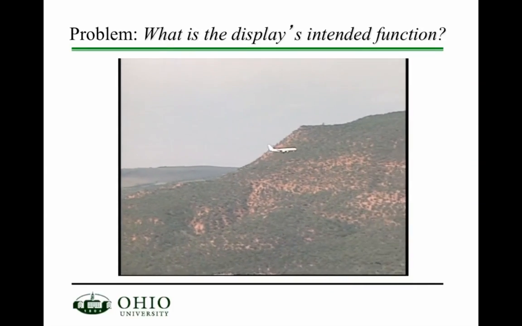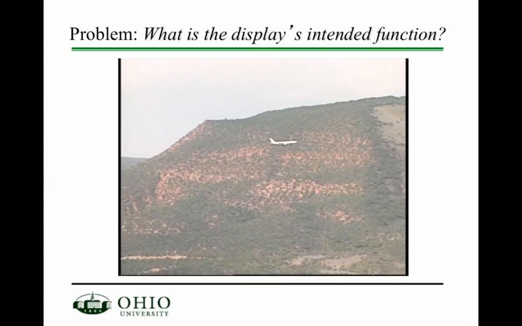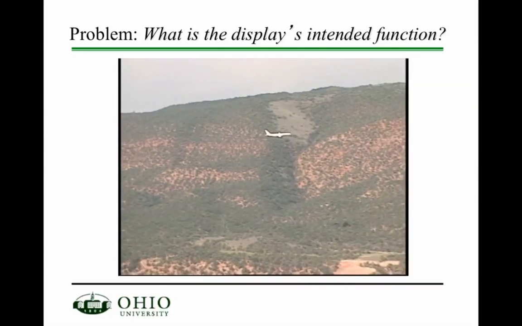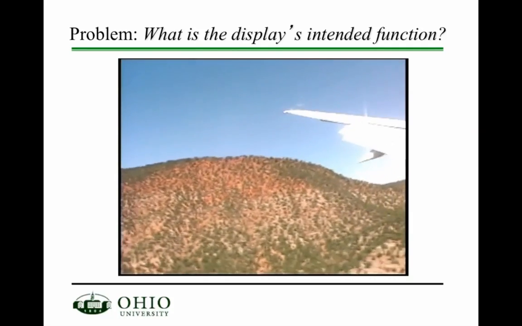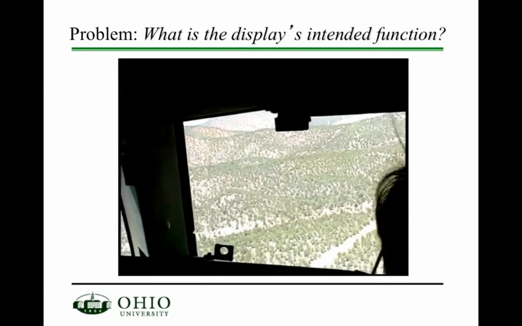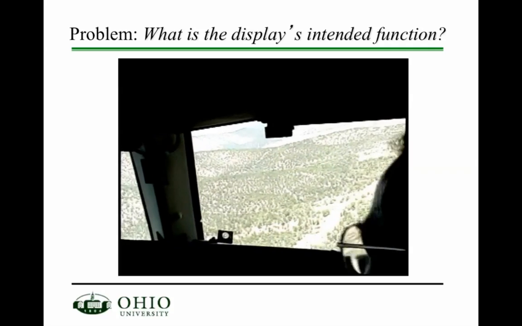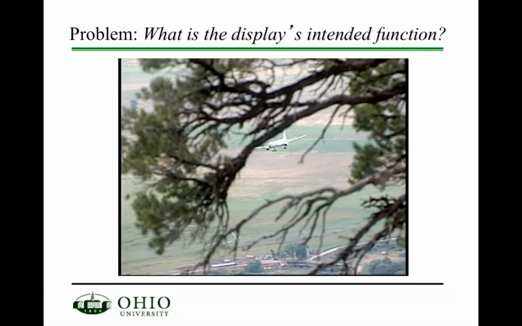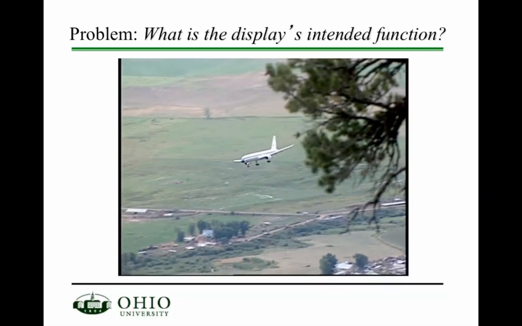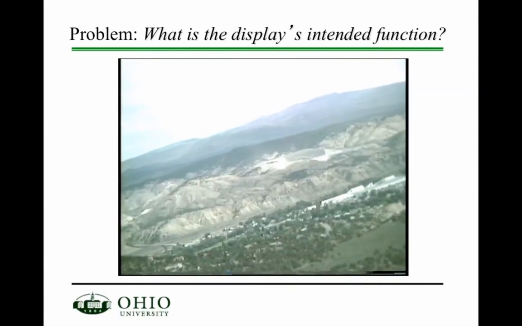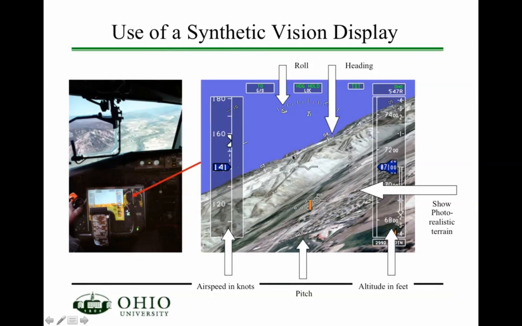Because if he makes a decision based on that data, for example a terrain database being used to generate that imagery, and there's a mistake in that, it could potentially lead you to crash into terrain, and it could lead to fatalities.